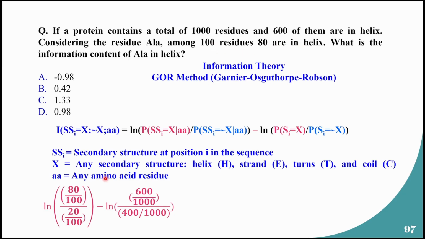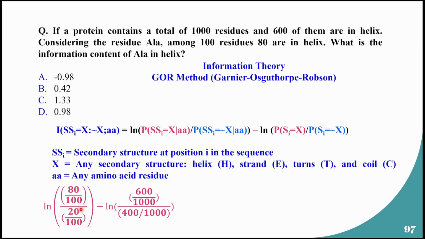So firstly you calculate how many alanine are present in helix, that fraction, and then how many of the alanine are not present in helix. This curly symbol indicates not, basically a negative statement. So how many of them are not present in helix? You calculate 80 by 100 and then 20 by 100 to do this division.